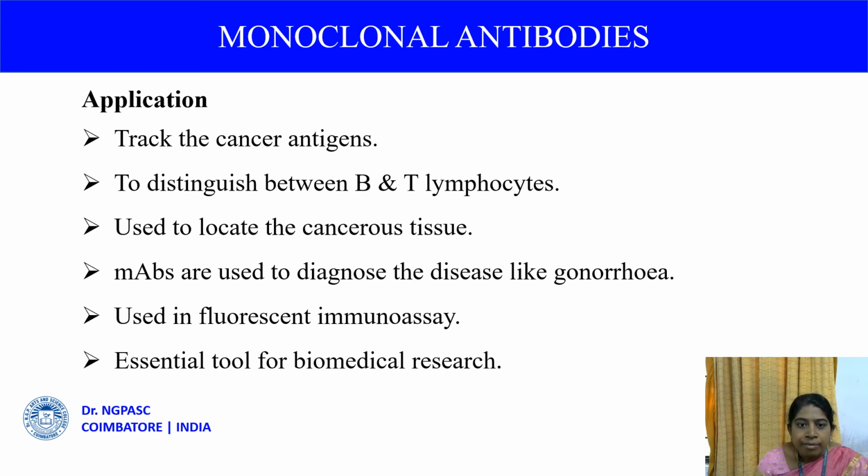Then, after you see the production of antibodies, you dissect the spleen from that mouse, isolate the spleen cells, fuse the plasma B cells with the myeloma cells, and allow them to grow in a HAT medium.